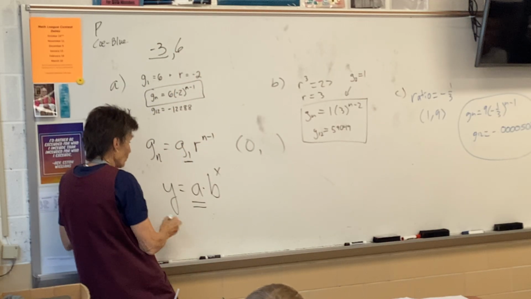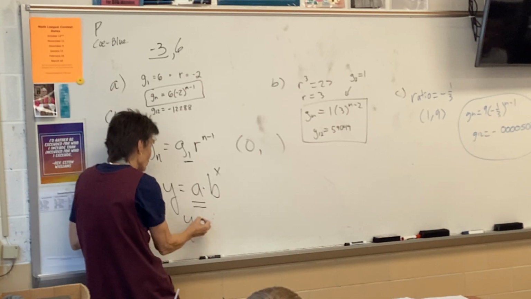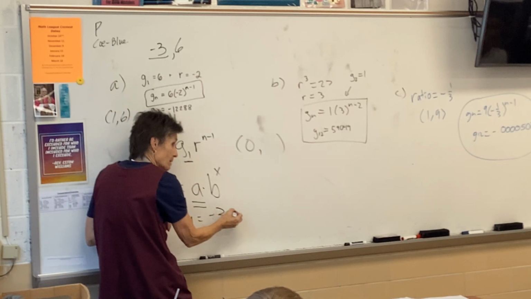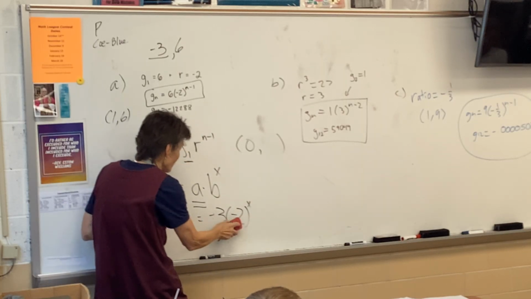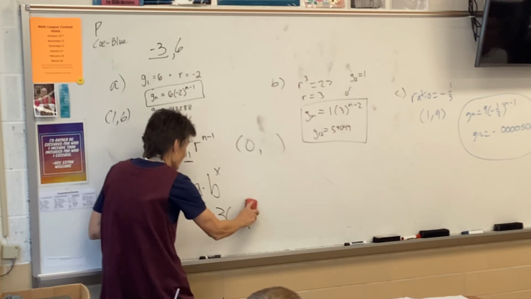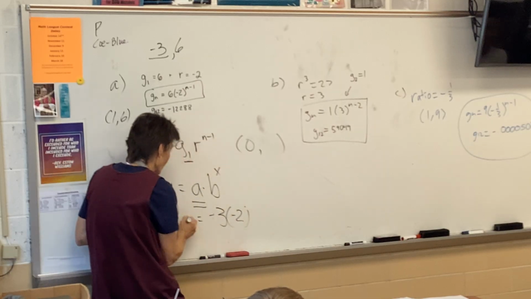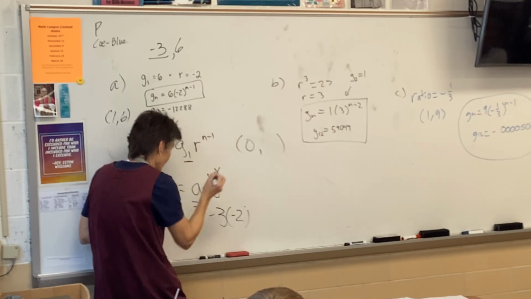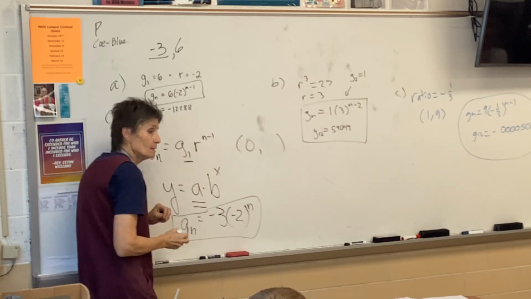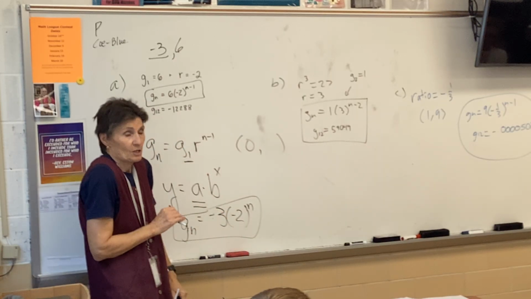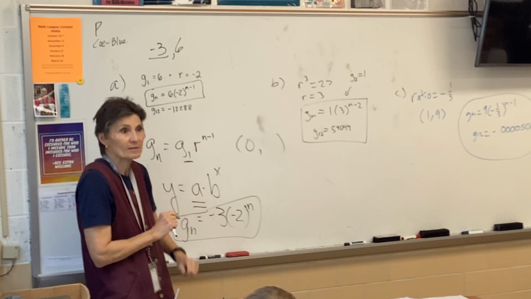So my 0th term, my initial value, is -3 times (-2)^x. This would be an alternative formula. And it's just fine. It gives you exactly the same answers.